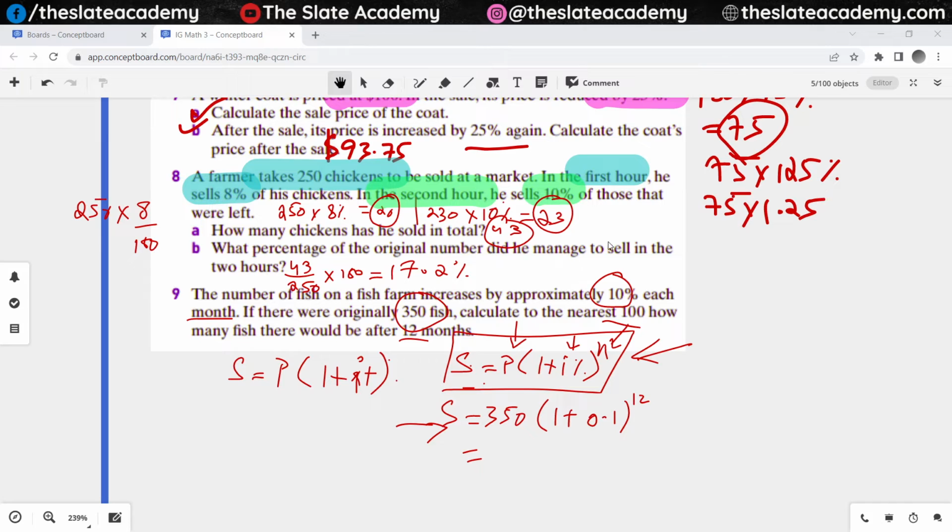It is the rule of compound interest, but it is growing by the same pattern over here as well. This is the rule of compound interest, correct? So it would become 1100.